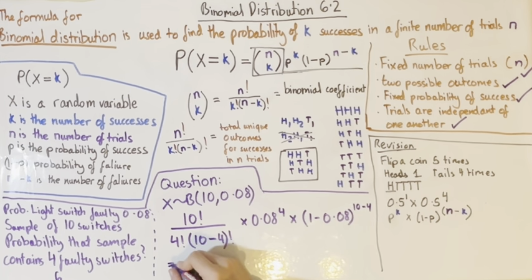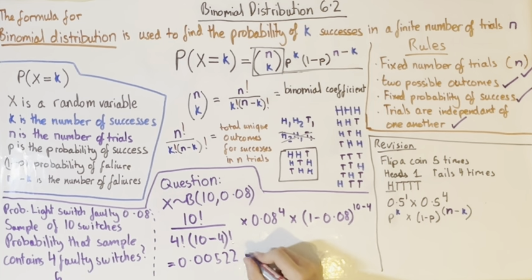And that should give us an answer of 0.0052 to 3 significant figures.